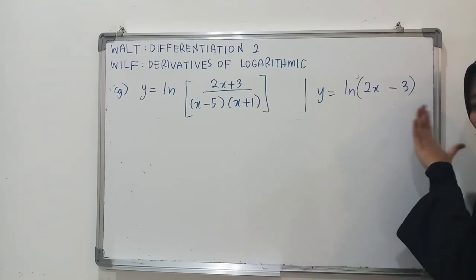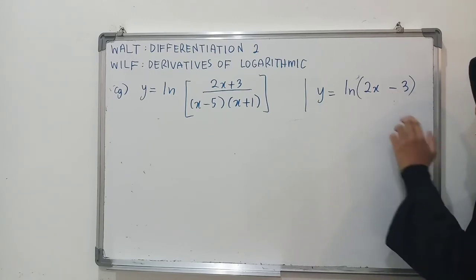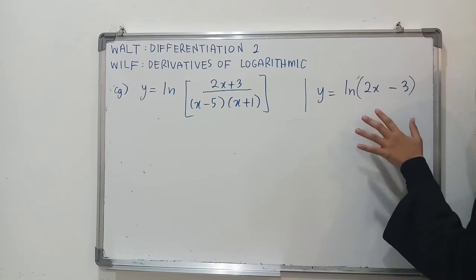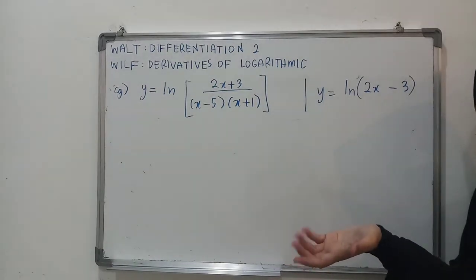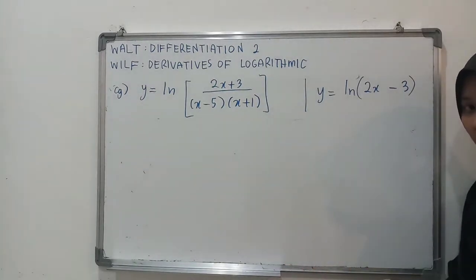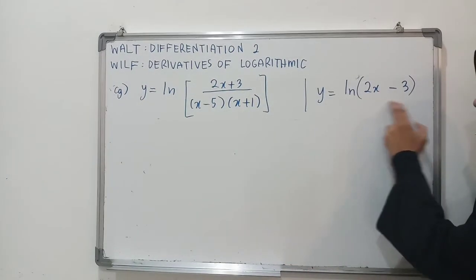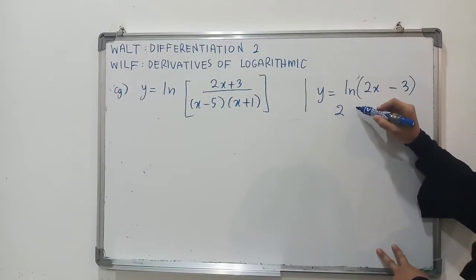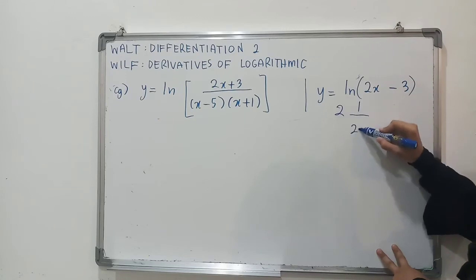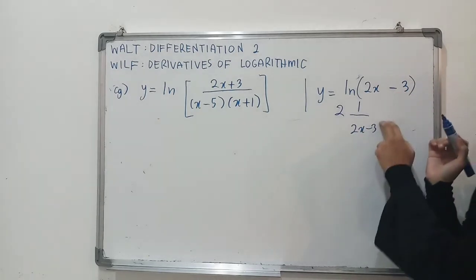So that one you can simply differentiate by using the simple differentiation law for ln, which is just differentiate the back, put in front, which is just 2, and then we take 1 over 2x minus 3. There's no problem for this question.